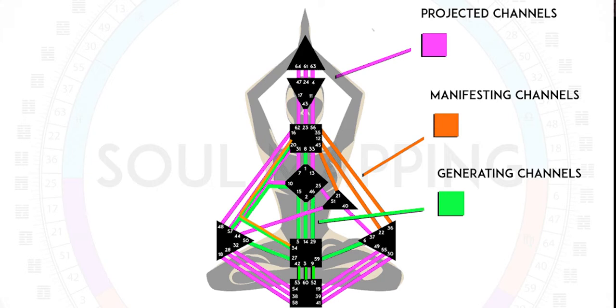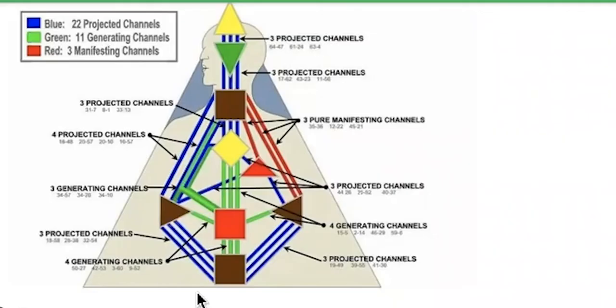This is a whole other layer for everybody too, because I'm a generator, but I have a projected channel also. So there's a projected energy within me that follows the projector rules. Doesn't change my authority or my type, but it's an aspect of how I operate.